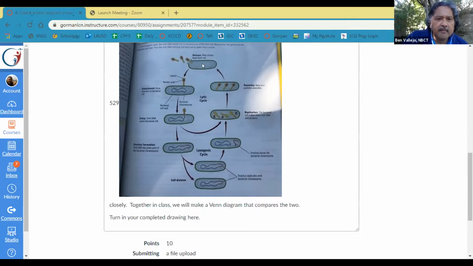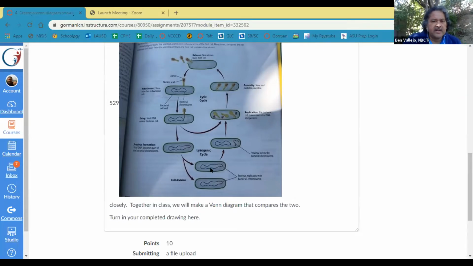Now, in the lysogenic cycle, these two things happen, but then instead of going over to the lytic cycle, it goes over and forms a provirus. Okay, and when it forms a provirus, the viral DNA becomes part of not a chromosome, but part of the bacterial DNA.